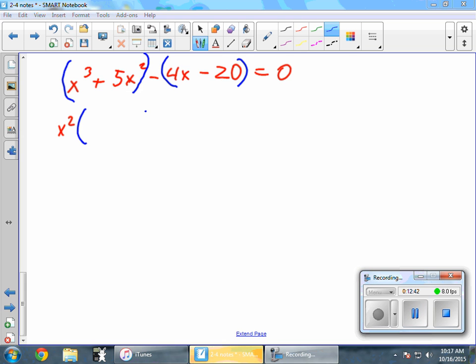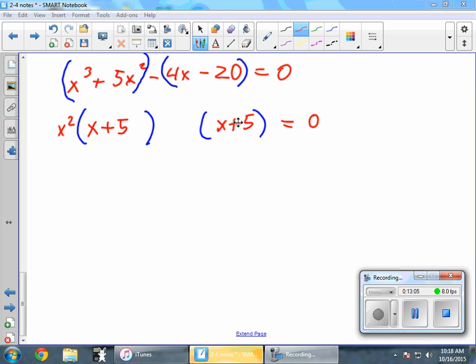Then we're left with x plus 5. And then once we get an x plus 5 right here, we want to work our tail off to get an x plus 5 here. So I would say just write that in there right away. Our goal is to get these two to be exactly the same.